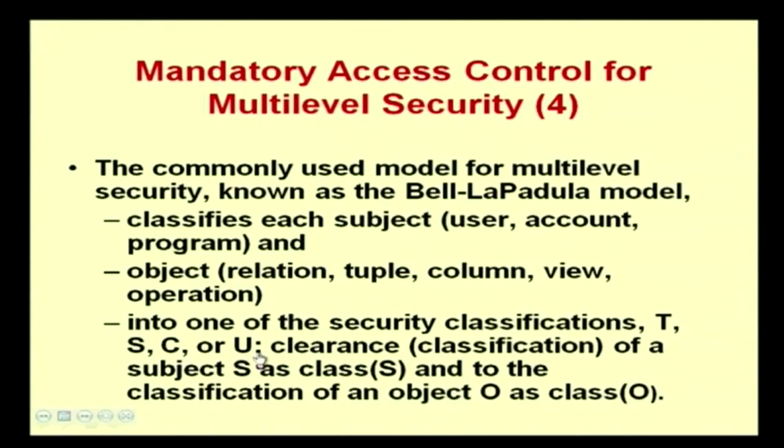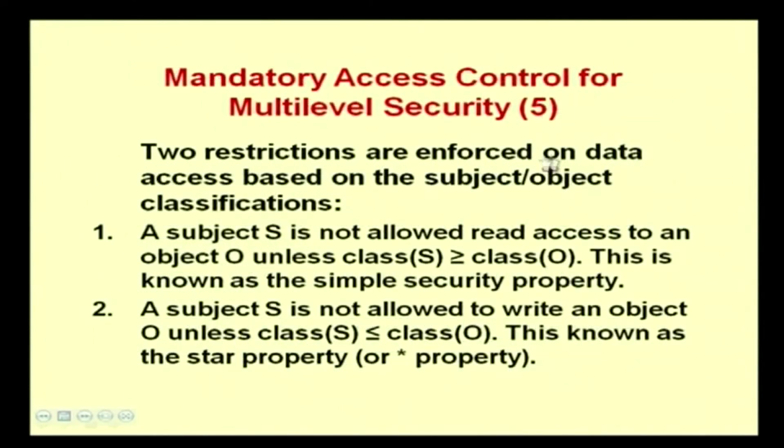Two restrictions are enforced on data access based on the subject and object classifications. A subject S is not allowed read access to an object O unless class of S is greater than or equal to class of O. This is known as the simple security property. A subject S is not allowed to write an object O unless class of S is less than or equal to class of O. This is known as the star property. So, you have 2 types of property regarding read access and write access.